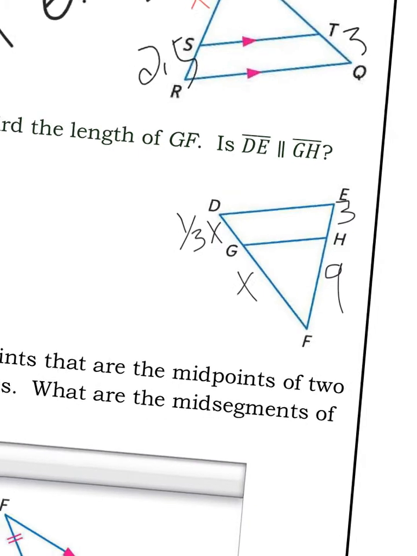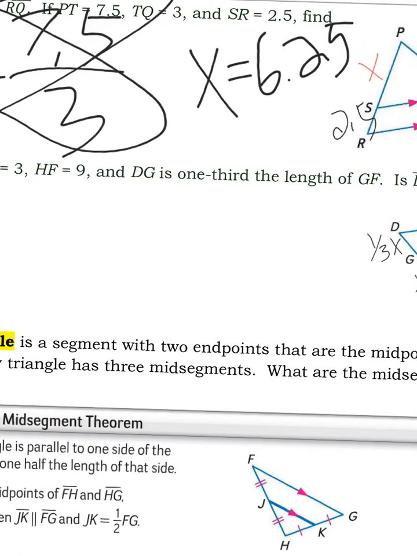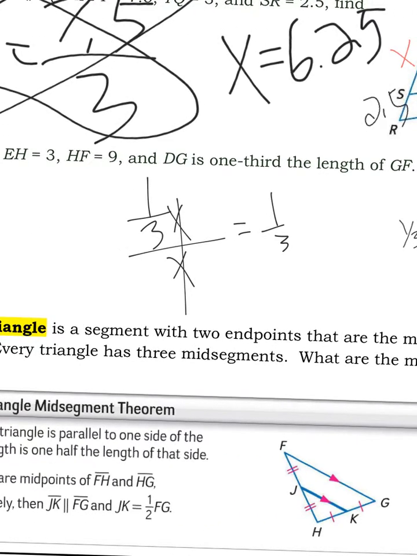So basically the ratio of DG over GF is 1/3. I'll write it like this for you: 1/3 X over X. What's that equal? 1/3. Okay. What's 3 over 9 equal? 1/3. They both equal 1/3.